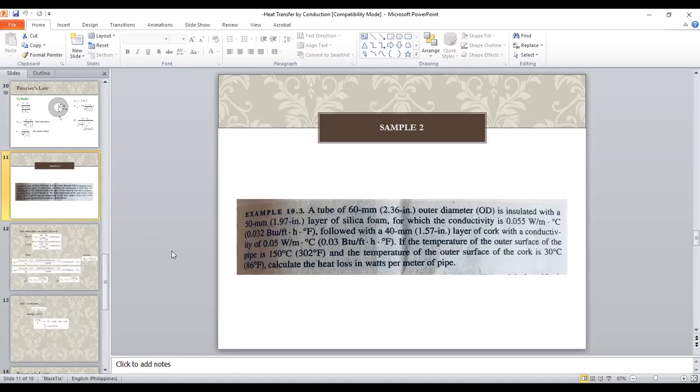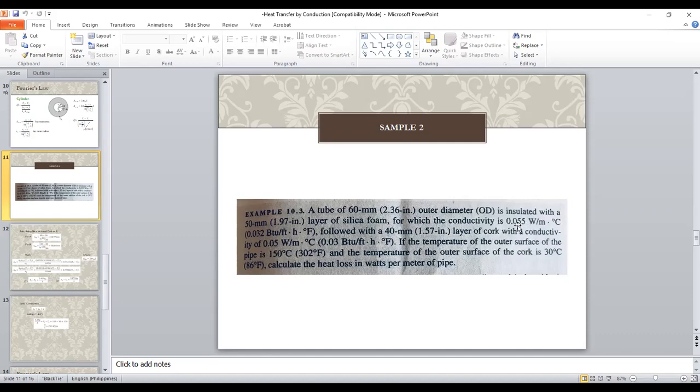For this sample problem, you're given a tube of 60 mm outer diameter insulated with a 50 mm layer of silica foam, for which the conductivity is 0.055, followed with a 40 mm layer of cork with a conductivity of 0.05.